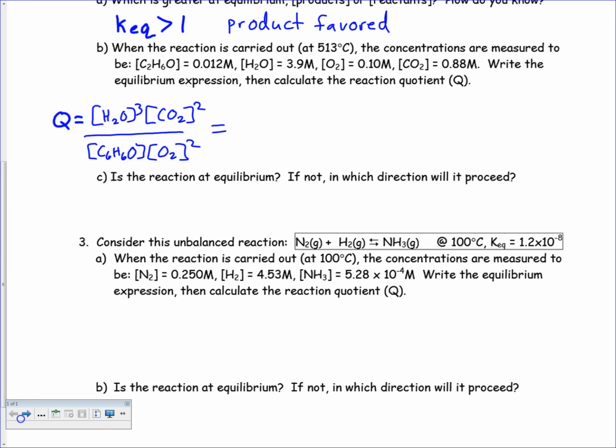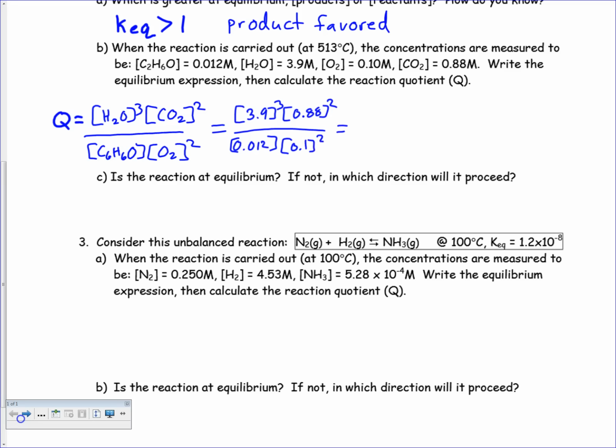Plugging numbers in here, we have 3.9 to the third times 0.88 squared over 0.012 times concentration of O2 is 0.1 squared.